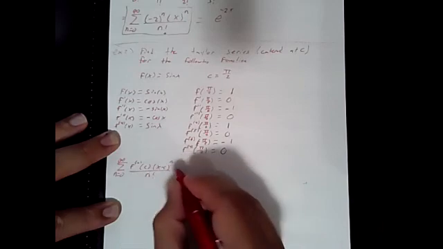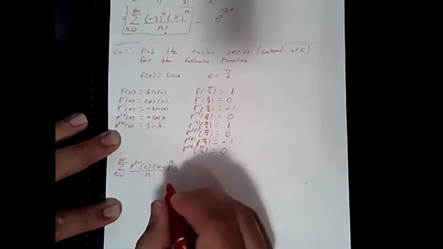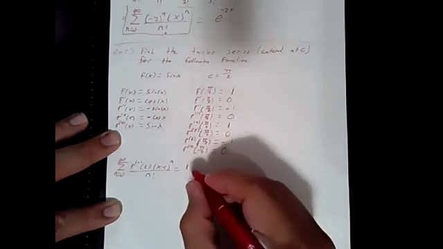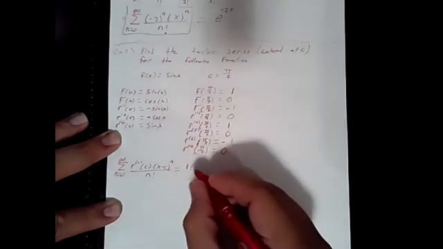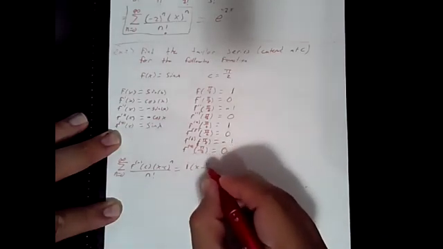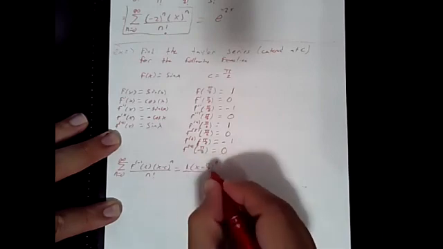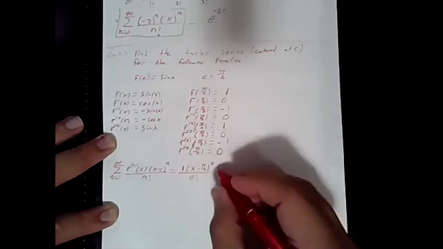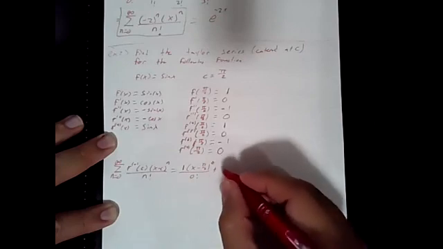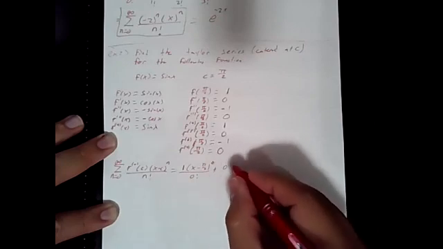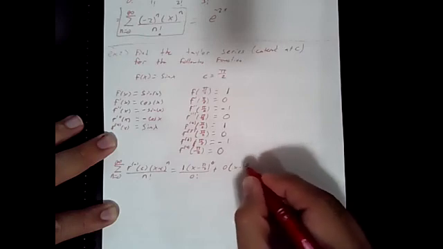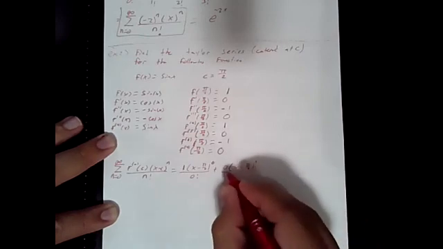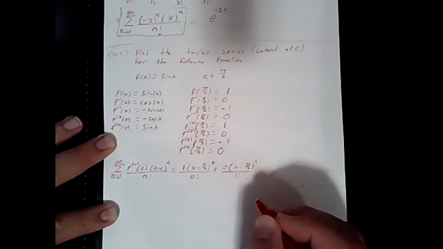So let's go ahead and expand that. The first one will be 1 when you plug in c. So the zeroth derivative at pi over 2 is 1, times x minus pi over 2 to the 0 over 0 factorial. Then the next one would be 0 times x minus pi over 2 to the first power over 1 factorial.